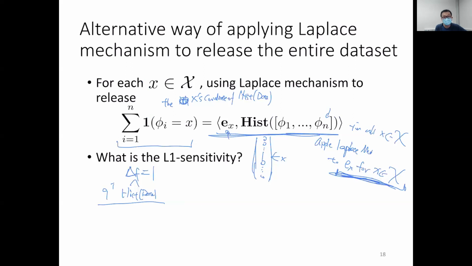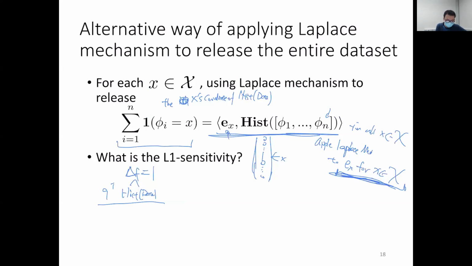Also because Laplace noises are independent random variables, even though we cannot apply Hoeffding's inequality because Laplace noise is not bounded, we can apply something called the concentration for sub-exponential random variables and obtain something very similar to what we got before.